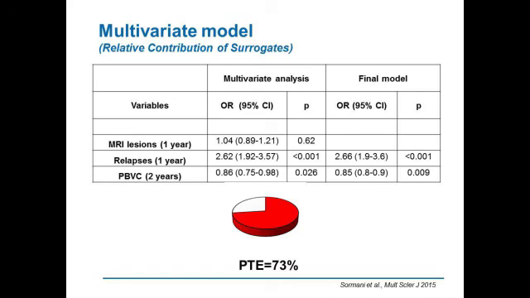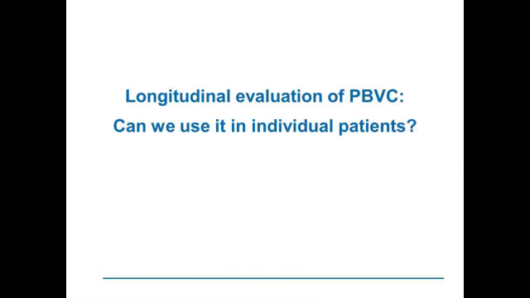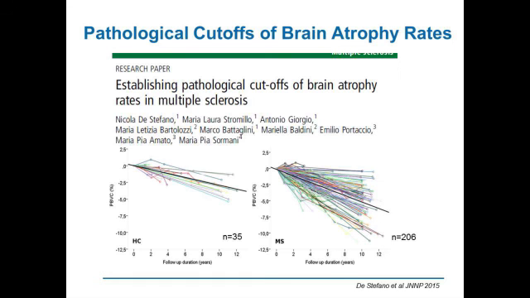And finally, in these last few slides, I will try to show you an attempt to translate the percentage brain volume change for use in individual patients. In this study, a large cohort of relapsing remitting patients was assessed with MRI at baseline and after a follow-up of around 10 years.